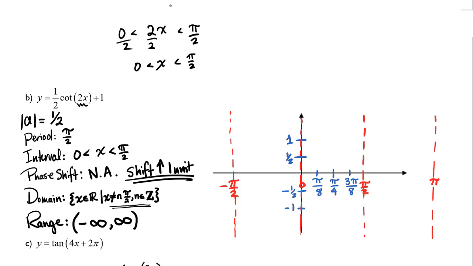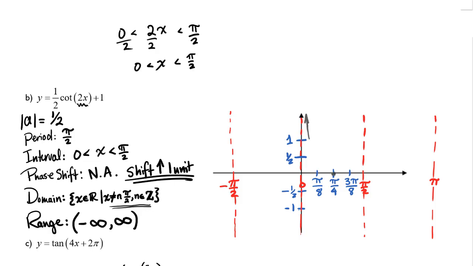sketch an approximate graph. I know that before I shift up or down, the period for one cotangent will start on the leftmost side, approaching positive infinity as I get closer and closer to 0 from the right.